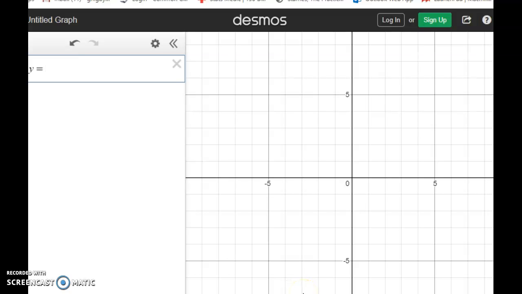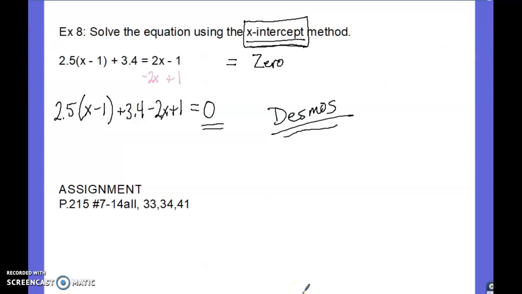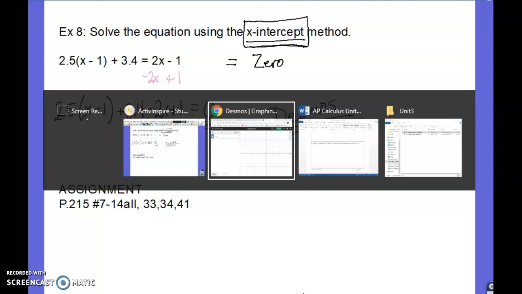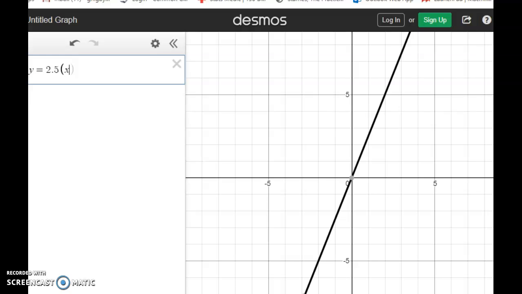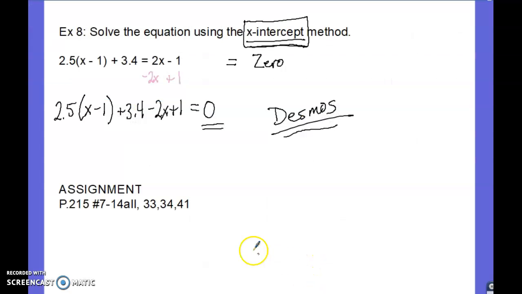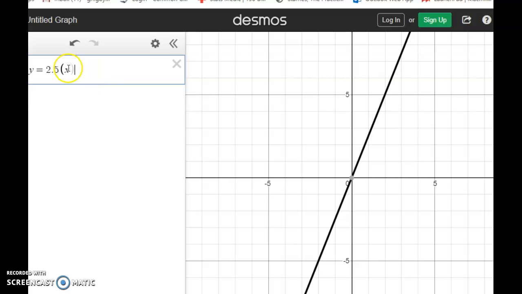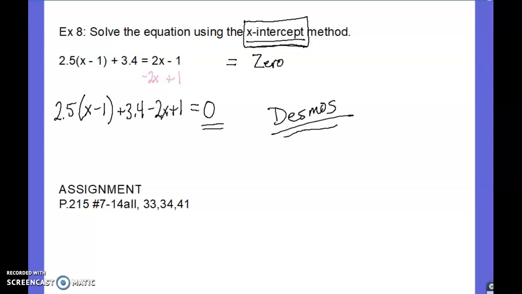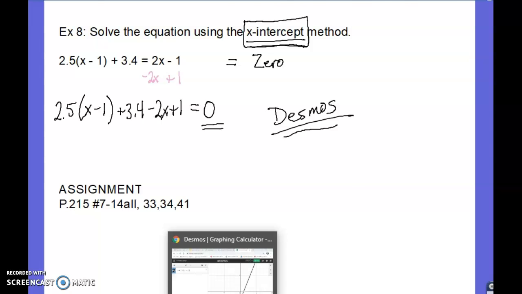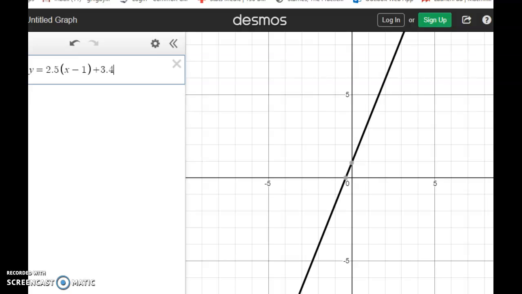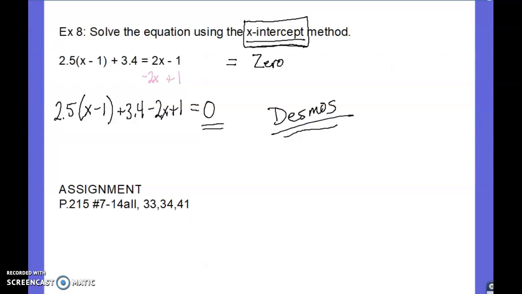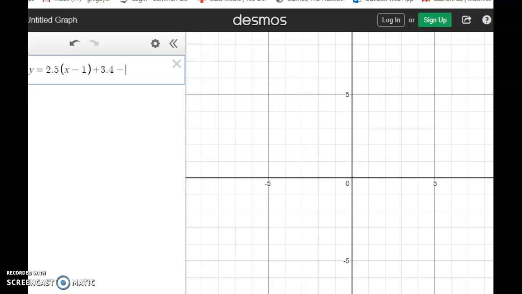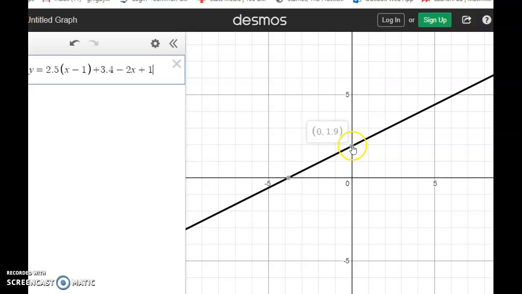And I always forget what the values are. 2.5, x, I'm struggling here, minus 1, plus 3.4, minus 2x, plus 1.